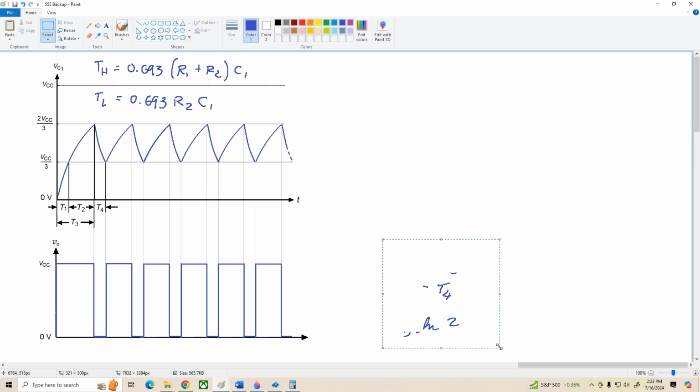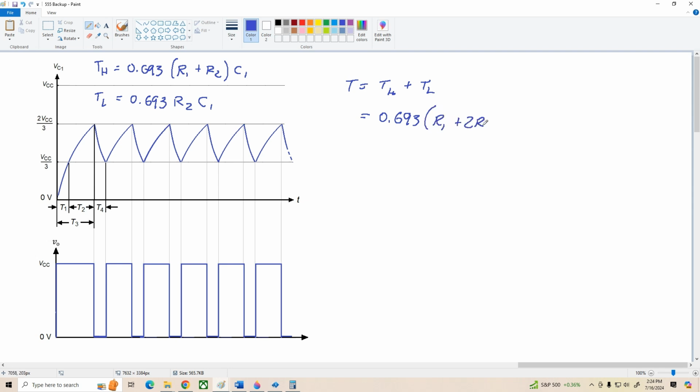What we've got is the total period of the signal T is equal to T sub H plus T sub L. So we're going to add these two equations together, and I'm going to leave it to you guys to show that that works out to be 0.693 times R1 plus 2 R2 times C1, and that makes sense because we're charging through R1 plus R2 and discharging only through R2, so it should appear here twice.